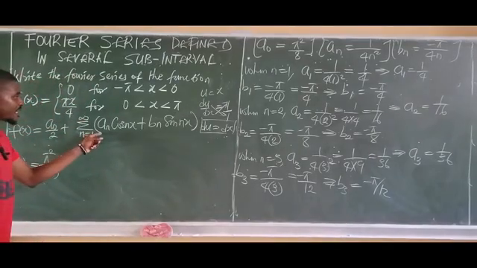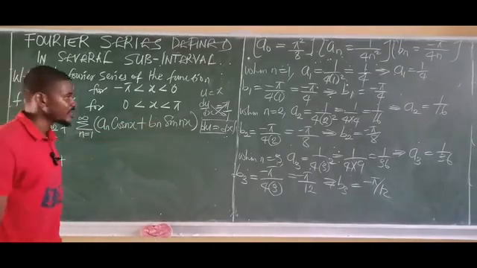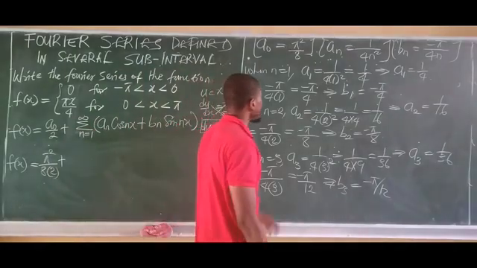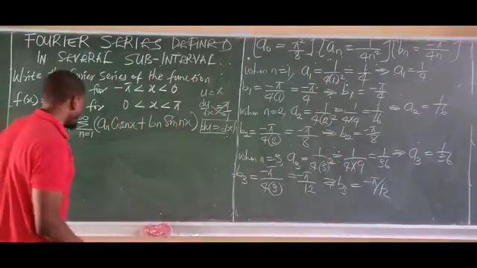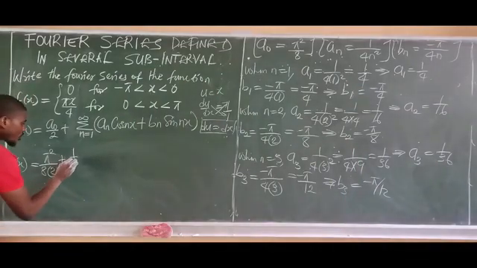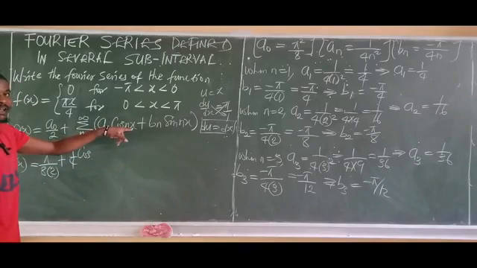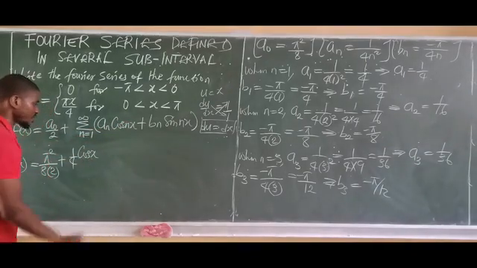So let's start with the cosine series before going to the sine series. For the first case, when n is equal to 1, we had a1 to be equal to 1 all over 4. Therefore, this is 1 all over 4 cos nx, and n now is 1, so 1 times x remains x. So this is simply 1 over 4 cos x.